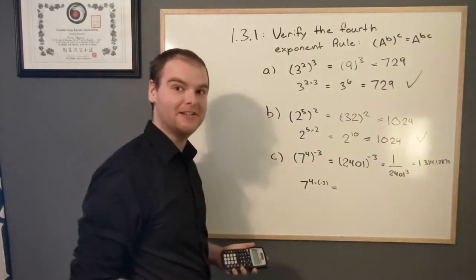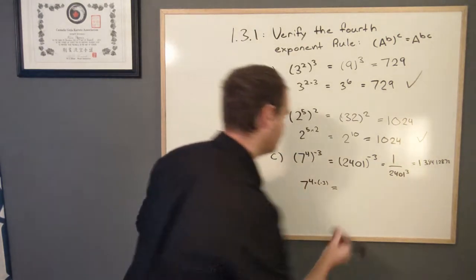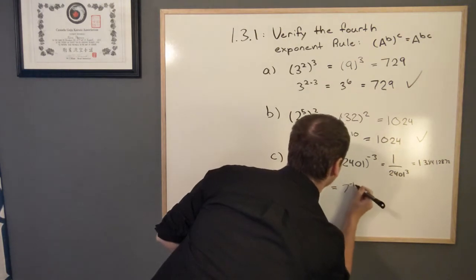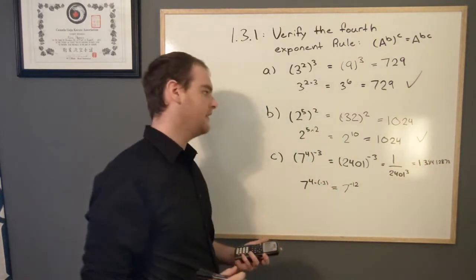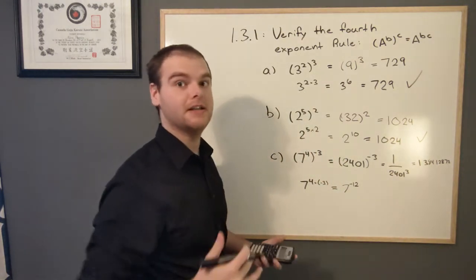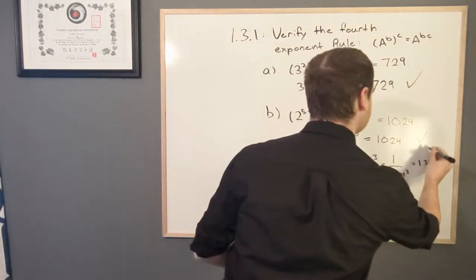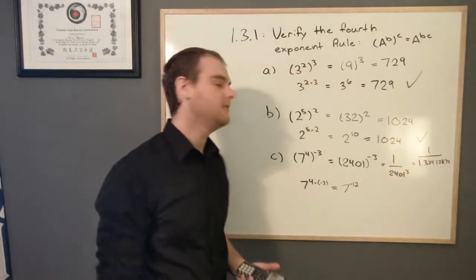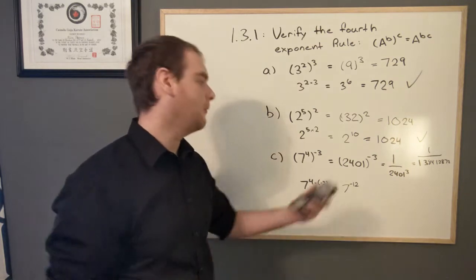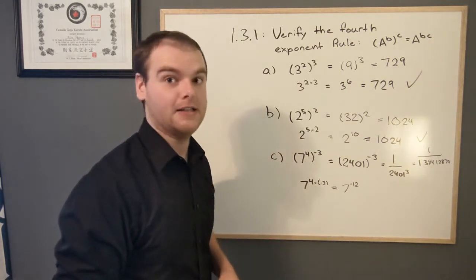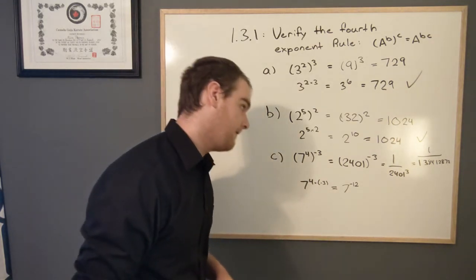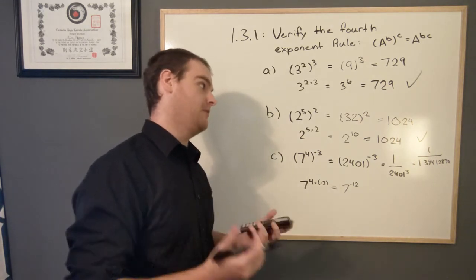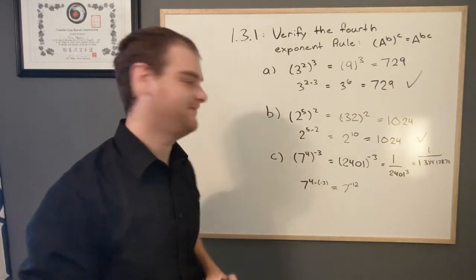Now we can multiply our powers. So 4 times negative 3 is negative 12. Use the negative to make it a denominator. Sorry, on the answer, it is 1 over 138,412,872.